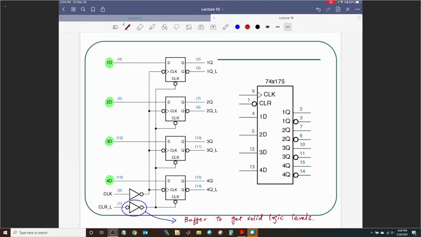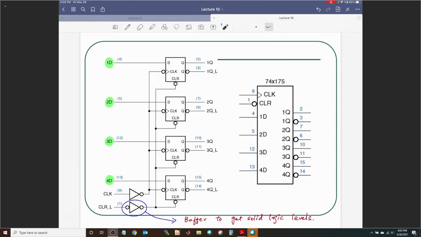Okay, let's come back. Everything is synced with the same clock signal. The clock itself is an active high signal, but with the use of a NOT gate, you are converting that into a clock that can trigger negative edge triggered D flip flops.